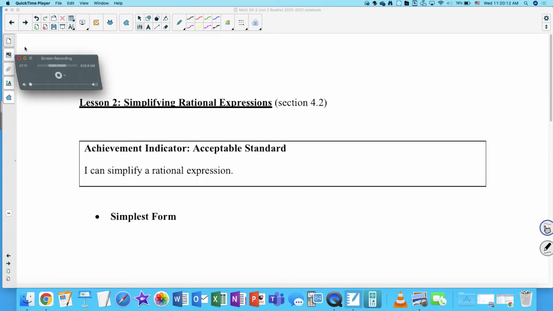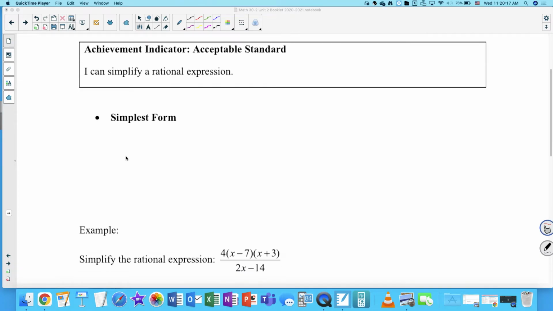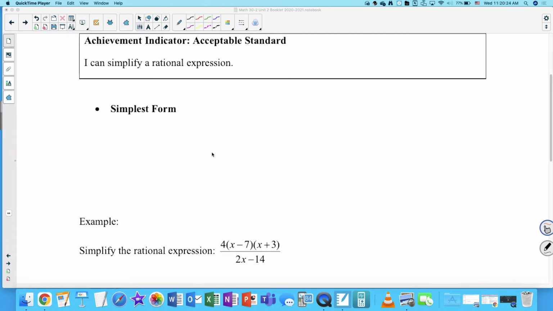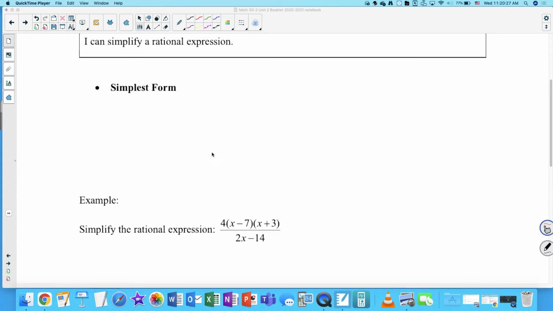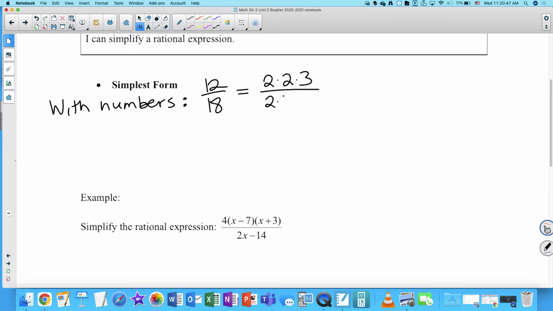So we're going to start to talk about simplifying rationals today as well. I already sort of mentioned what simplest form means, right? So with numbers, when we're talking about simplest form, if we have, I'm just going to use one of the examples we already did, 12 over 18 is 2 times 2 times 3 over 2 times 3 times 3.